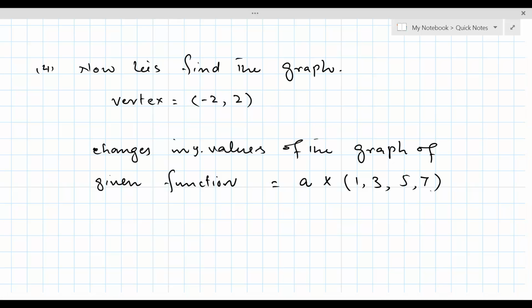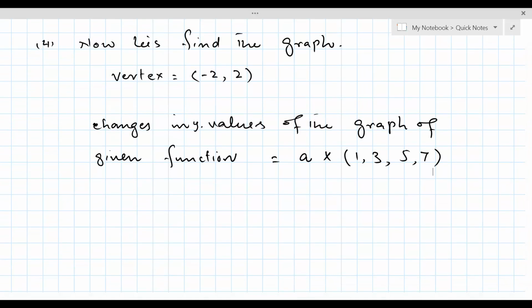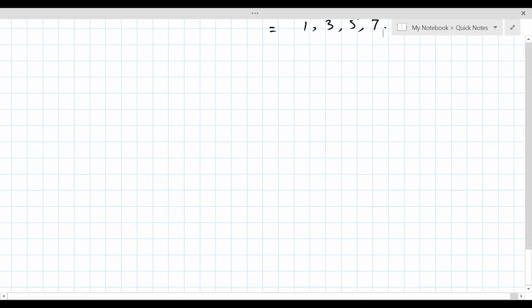Every time we want to draw the graph, we simply calculate what a is and multiply it with the changes in y values of the graph of the base function y is equal to x squared. So here, once we have a equal to 1, this is exactly 1, 3, 5, 7. These will be the changes in the y values starting from the vertex.